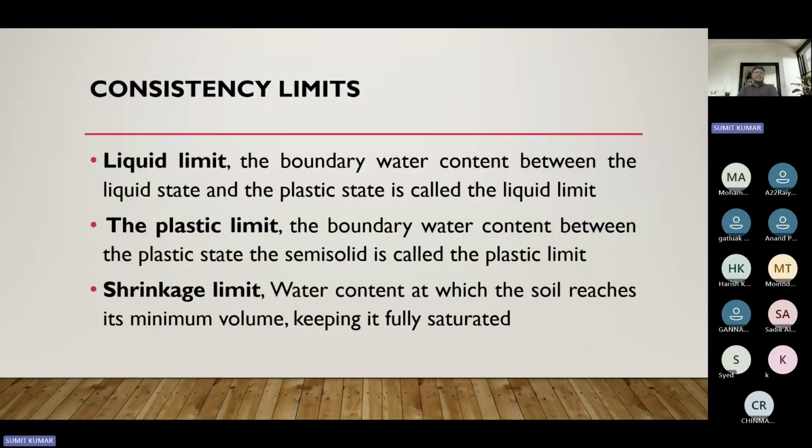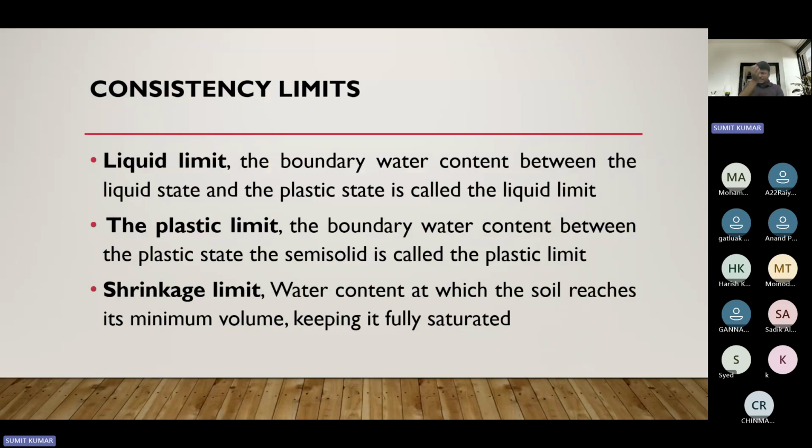The definitions say that the boundary of water content between the liquid state and the plastic state is called the liquid limit. The plastic limit is the boundary water content between the plastic state and the semi-solid state. While the shrinkage limit is the water content at which the soil reaches its minimum volume, keeping fully saturated.